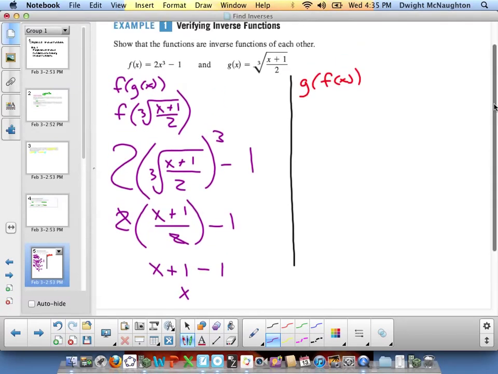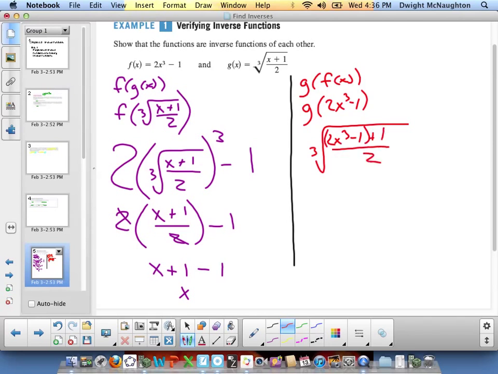If we try that with g of f of x, where we take f, which is 2x cubed minus 1, and throw it into g. So we got the cube root of (2x cubed minus 1 plus 1) over 2. And simplify. We can get rid of the parentheses here.